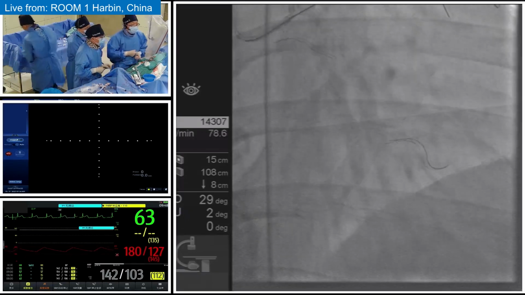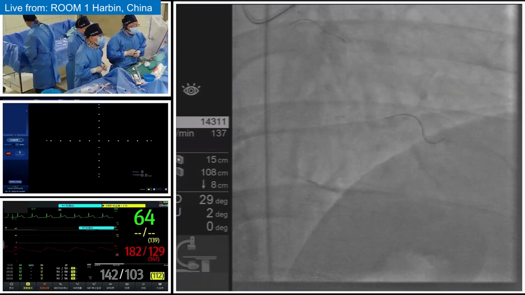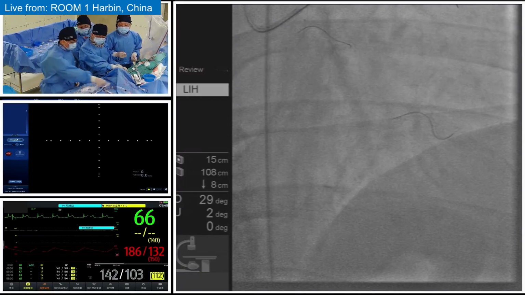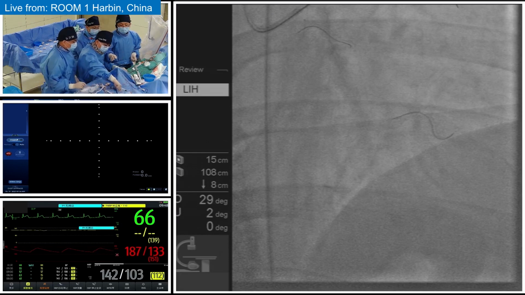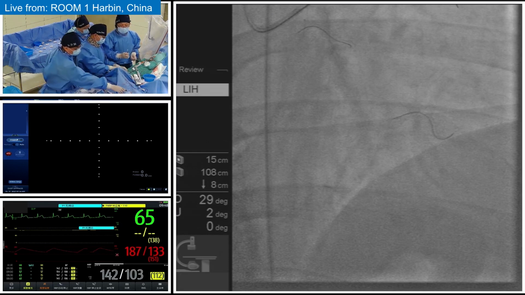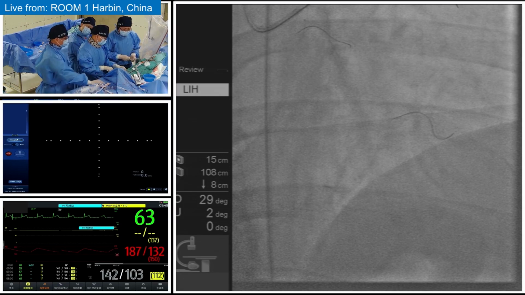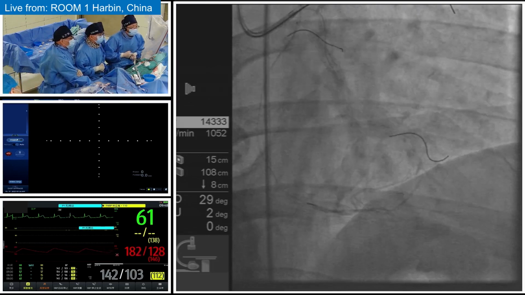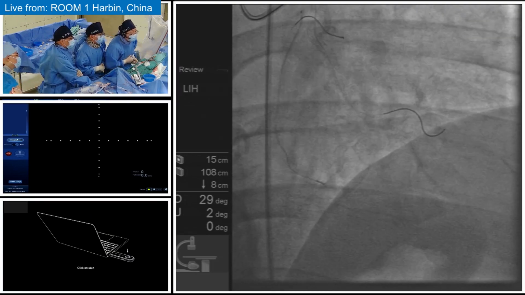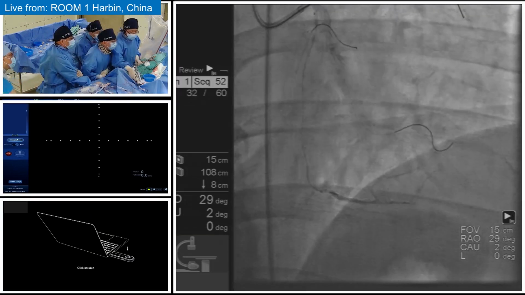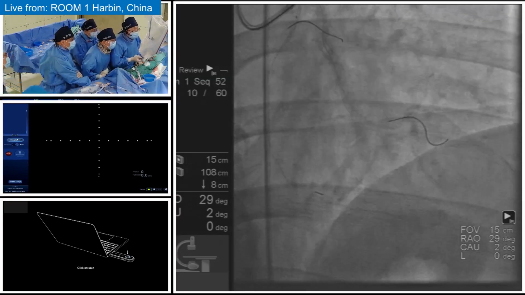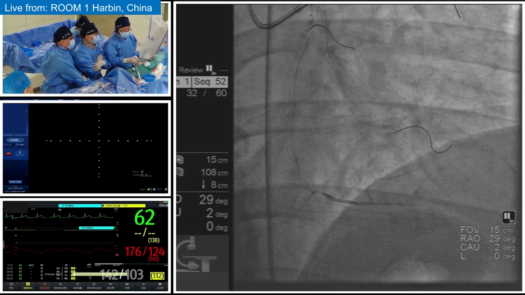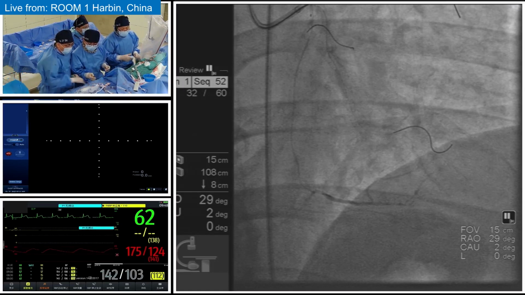Sometimes we also could try the posterolateral branch, but for the posterolateral branch, how about the proximal one? That's a choice, but it's not a guarantee of a good channel. Okay, give me the CM wire, please.